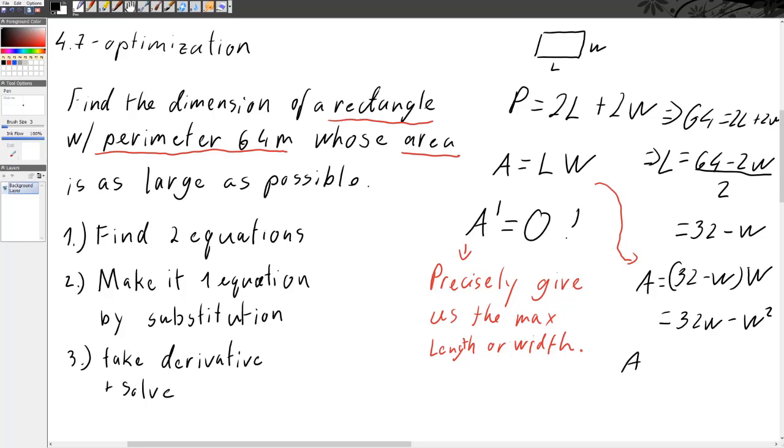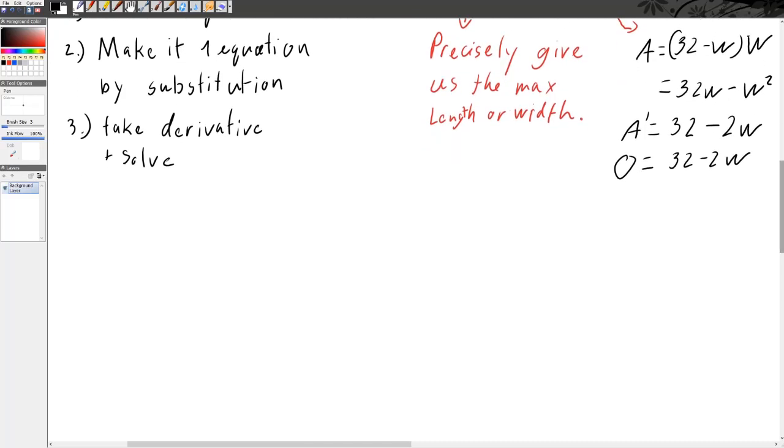Let's find the derivative. With respect to W, in this case, that's going to be just 32, the first term. The second term is 2W. Set the derivative equal to 0. And so we have that W is going to be equal to 32 over 2.